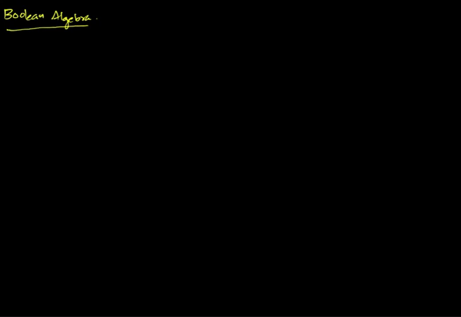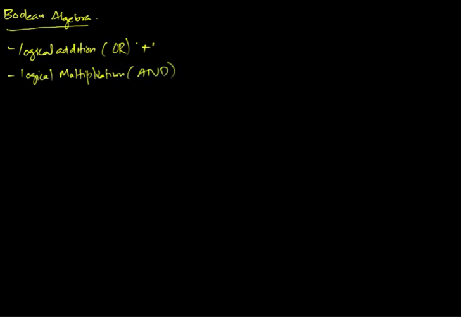In a Boolean expression, we can have only three basic operations. The first is logical addition, which is the ORing operation, usually denoted by the plus sign. Another is logical multiplication, otherwise called the ANDing operation, denoted by a dot.